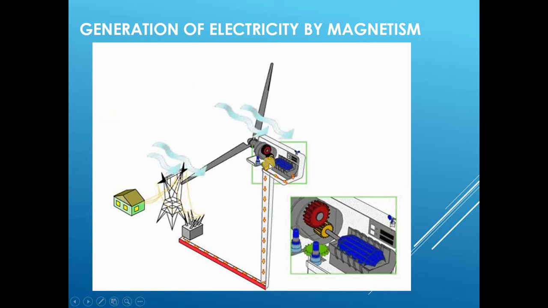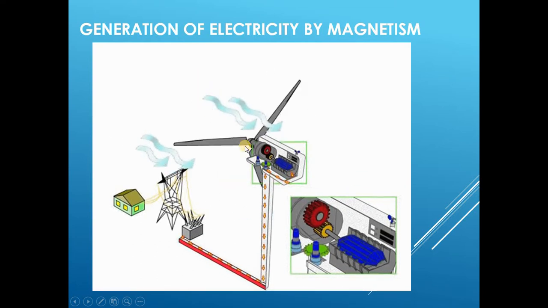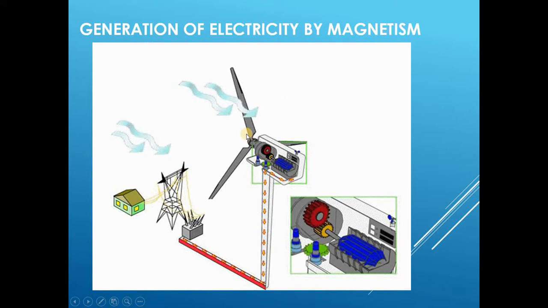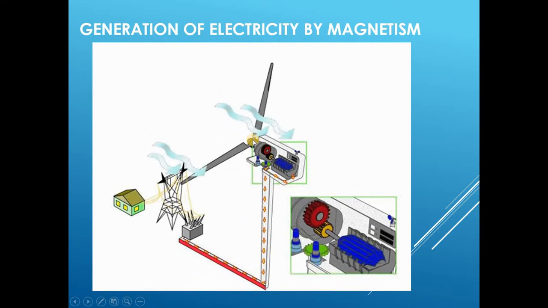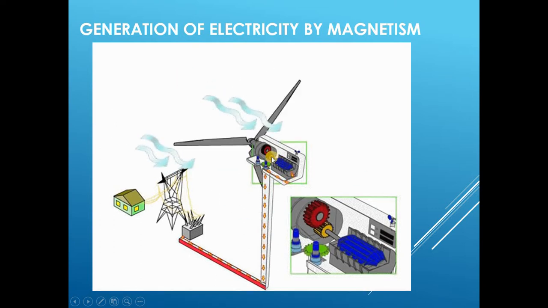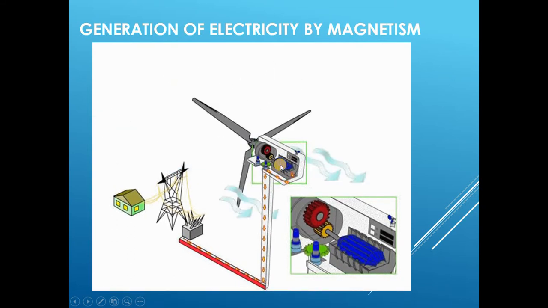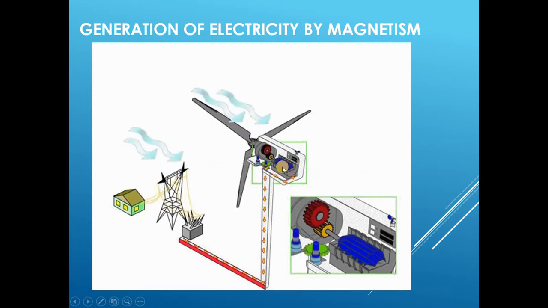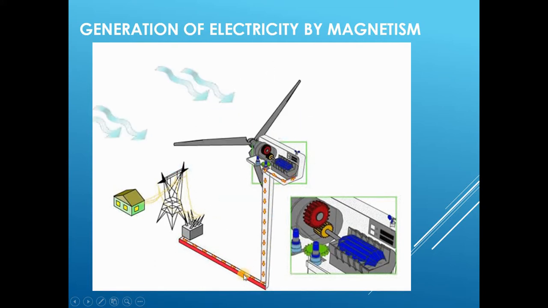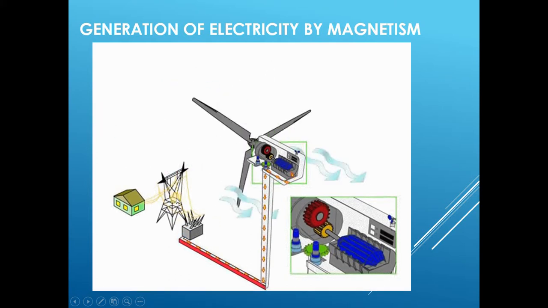You can see this prime mover is being moved by the wind energy, and this wind energy is directly hooked with the shaft, and this shaft is rotating the electrical loops inside the magnetic field. And cutting action takes place. Again, Faraday's law comes into it, and energy is being produced and fed to the grid.